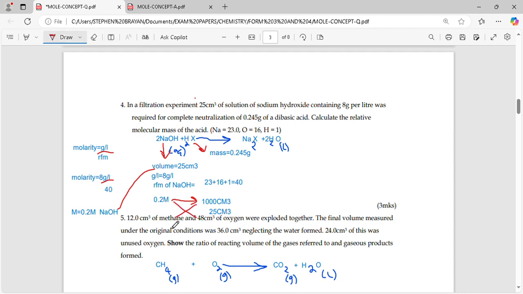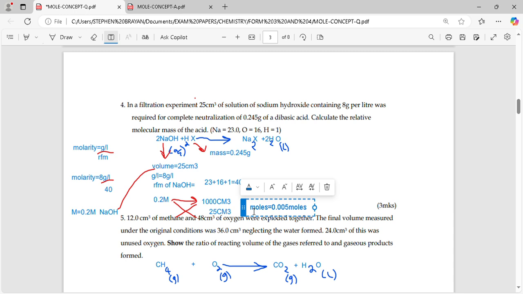When you cross multiply, you'll be multiplying 25 times 0.2, and then you divide by 1,000. If you work that out, you're going to get that the number of moles is going to be equal to 0.005 moles.